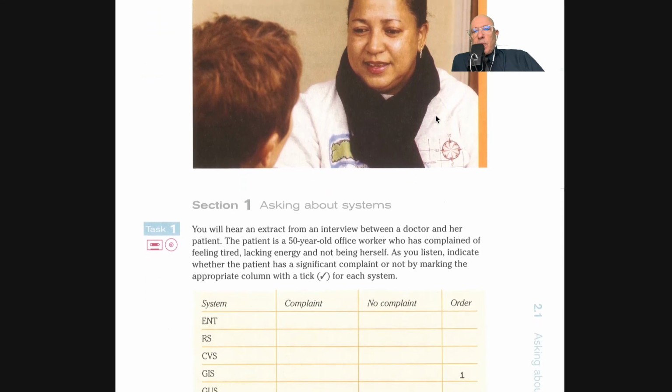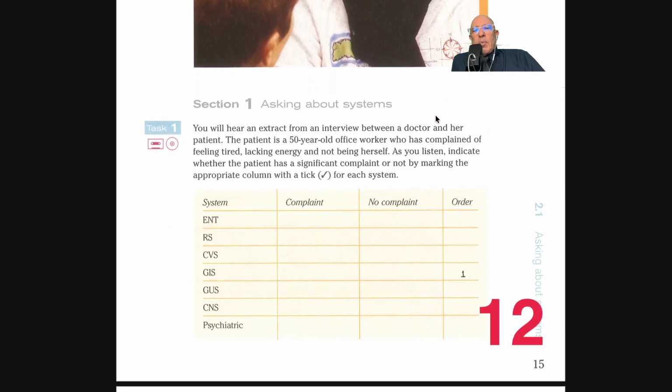This is chapter 2, asking about symptoms, an extract from an interview between a doctor and her patient. The patient, a 50-year-old office worker, is complaining of feeling tired, lacking energy, not being herself.